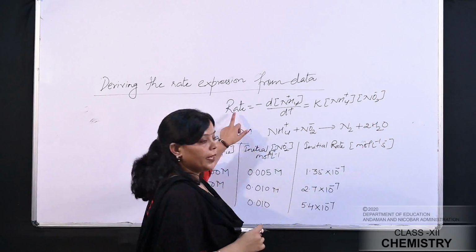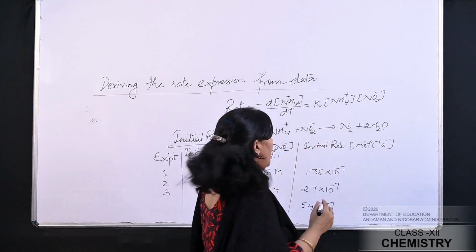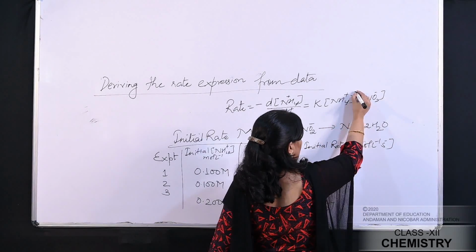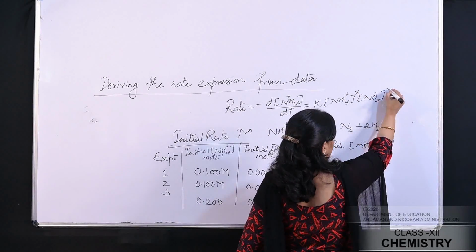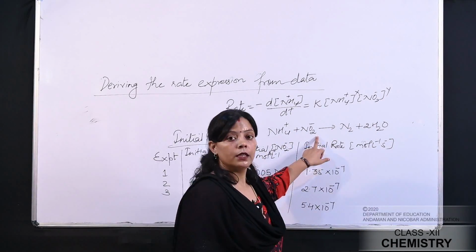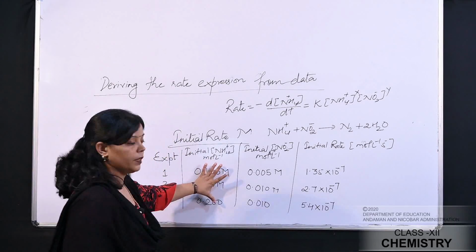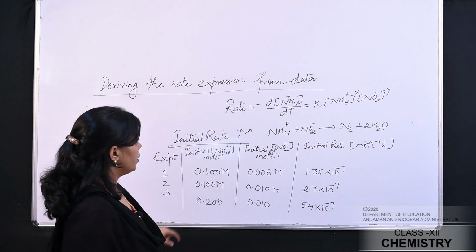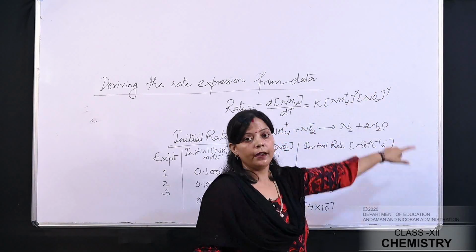This is the rate equation for this reaction, and here ammonium is raised to power x and nitrite is raised to power y. This is the rate law expression for this reaction. So on the basis of these data, we are able to derive the values of the exponents x and y.